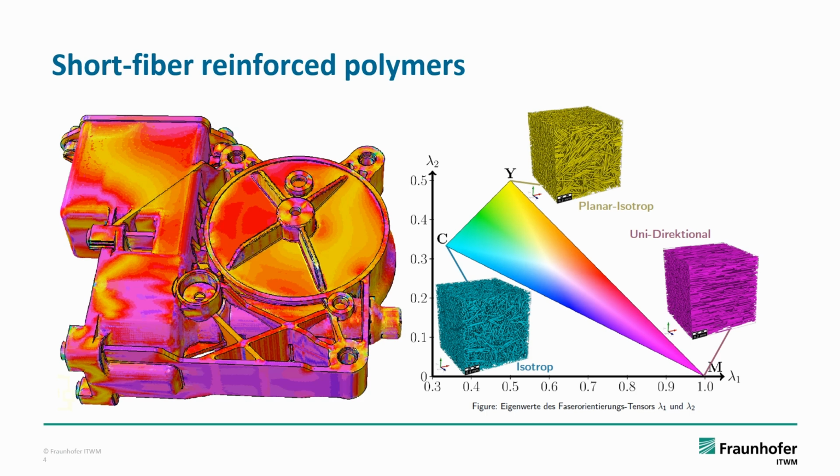For example, on bar-like structures shown in purple here, we will have a lot of fibers pointing in one direction. We call this unidirectional. And on other points in the component, we have rather planar isotropic or even isotropic structures. So we need to understand how this fiber orientation influences the macroscopic behavior of components.